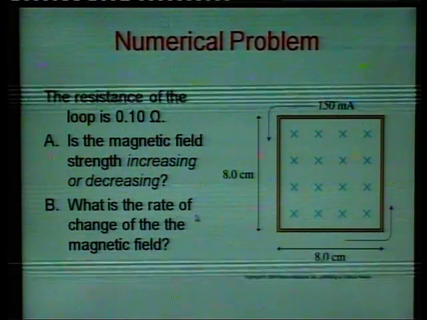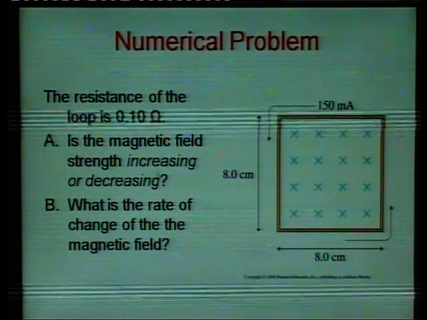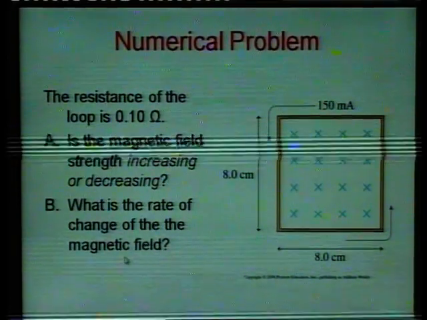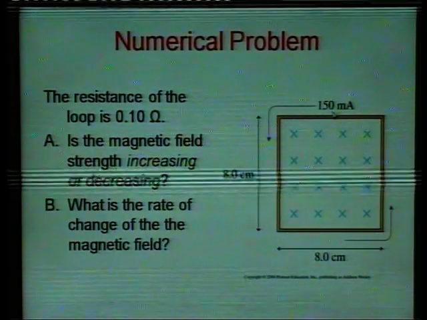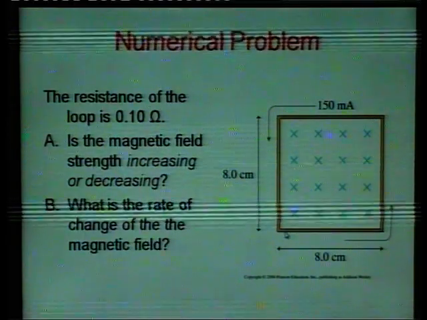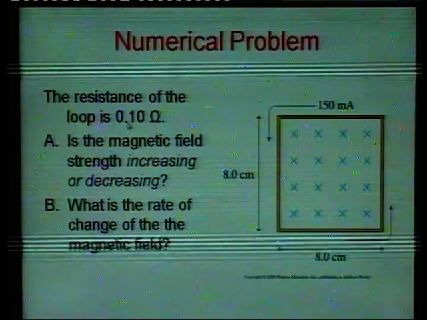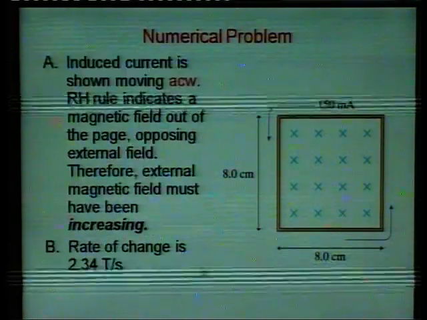Second, what is the rate of change of the magnetic field? So given is the current flowing, 150 milliampere, and the side of this coil is 8 centimeter. Dimensions are given, and resistance is 0.10 ohm. So these things are given to us.